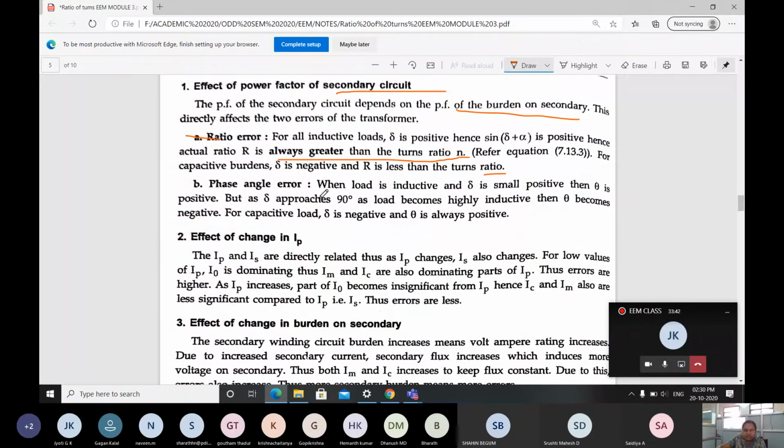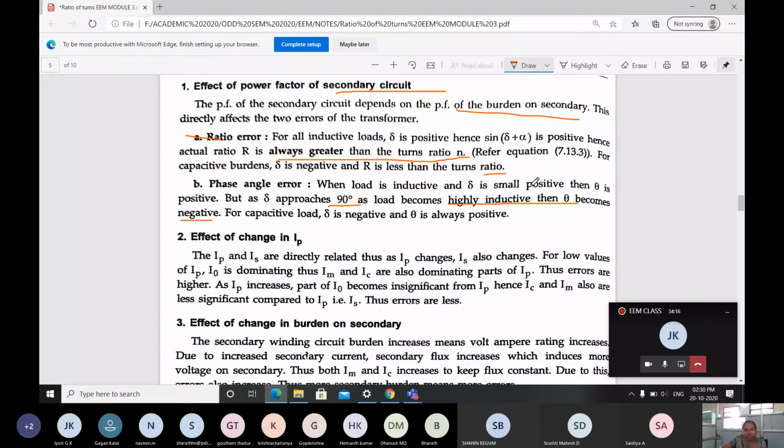Next, the phase angle error. When the load is inductive and delta is small and positive, then theta is positive. But as delta approaches 90 degrees, as the load becomes highly inductive, theta becomes negative.